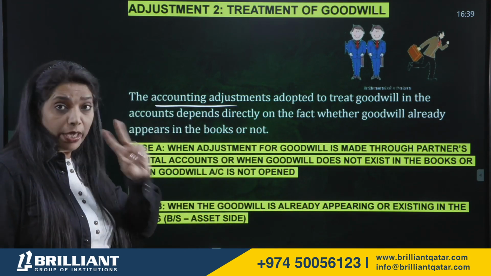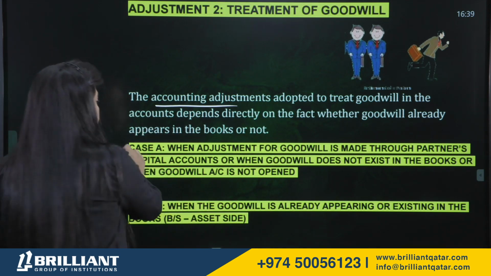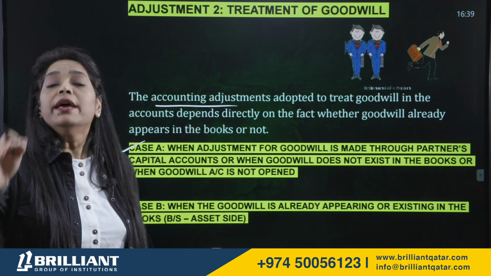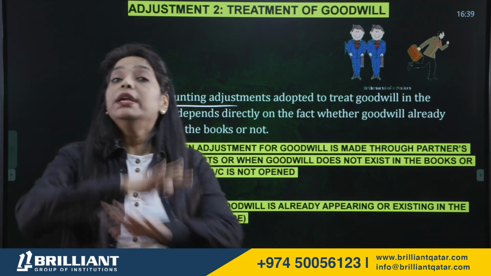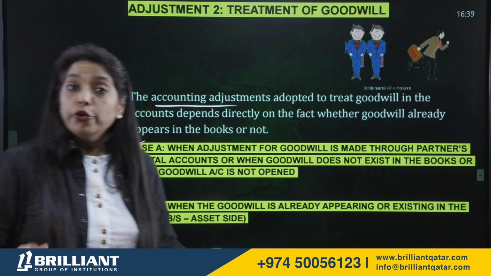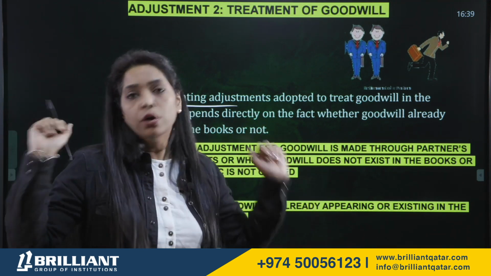So there are basically two cases. Case one is when the adjustment for goodwill is made through partners' capital accounts, or you can say when goodwill does not exist in the books, or when the goodwill account is not open.